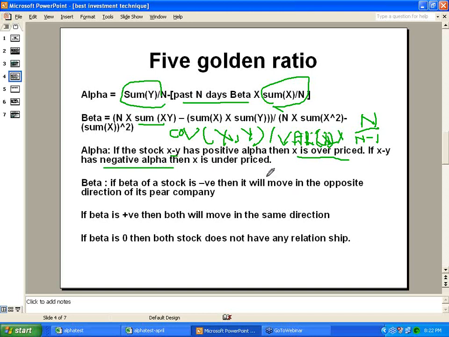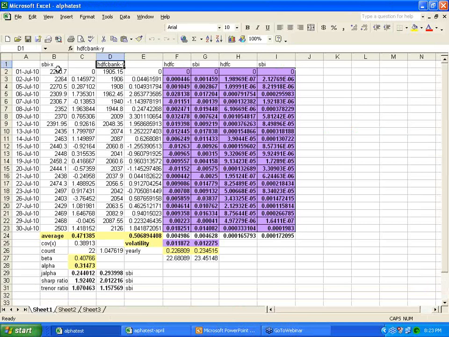Which stock should we make X and which stock should we make Y? Whenever we are comparing two stocks, one should be in the X place and the other in the Y position. In that case, you need to take the help of their annual volatility.